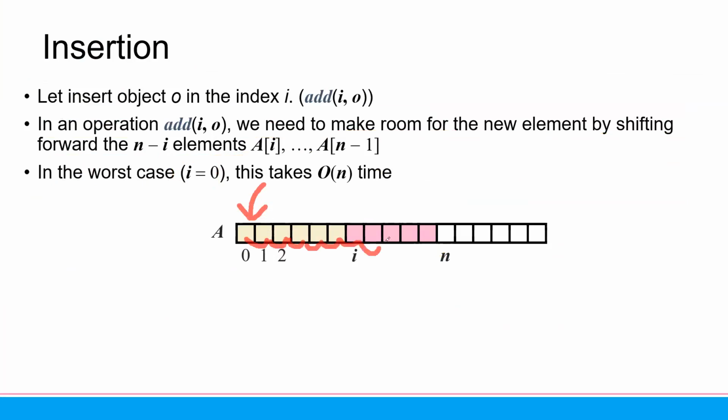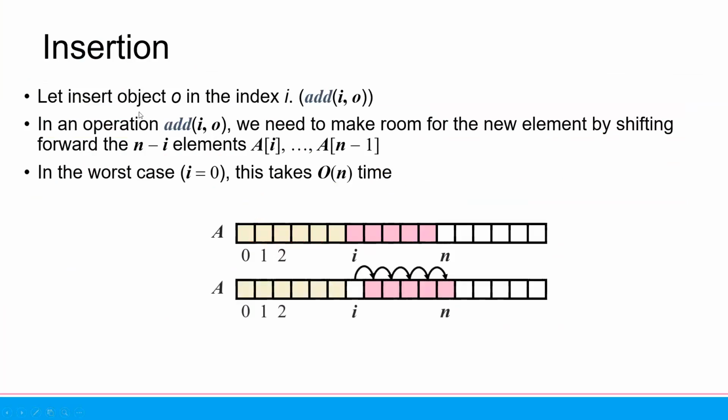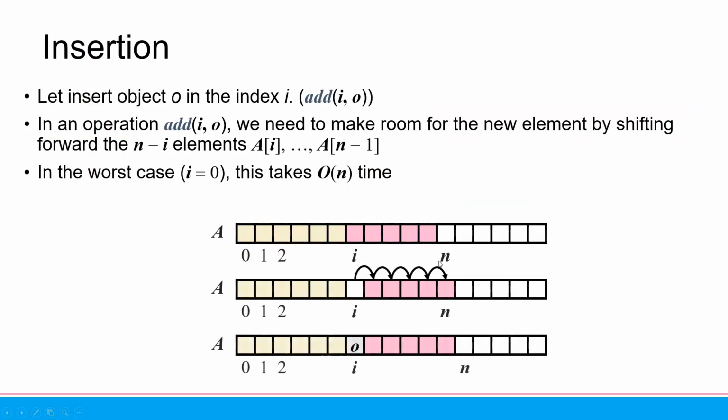So it will be shifted for every element, and the worst case will be n time. After we shift every one of these elements, then I can insert the object.